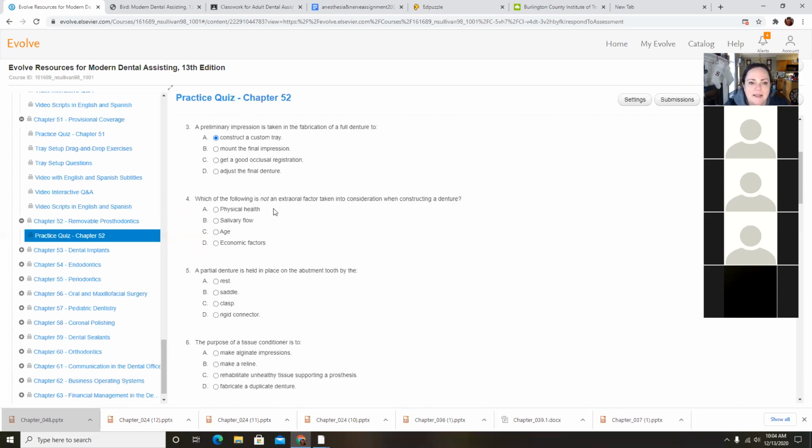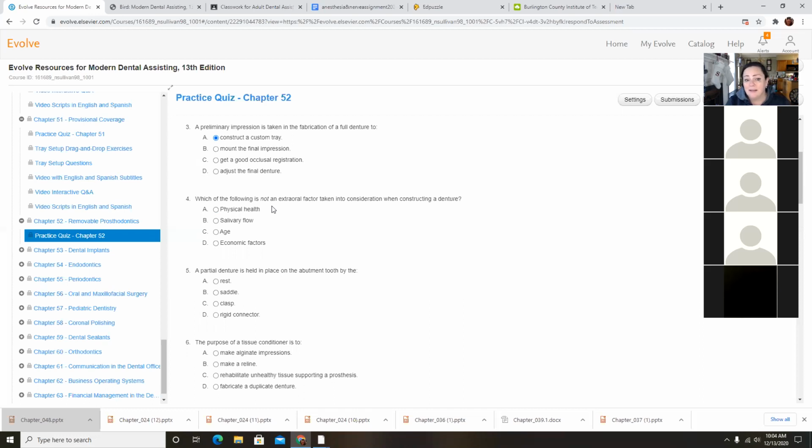Which of the following is not an extraoral factor taken into consideration when constructing a denture? Is the patient's physical health important?